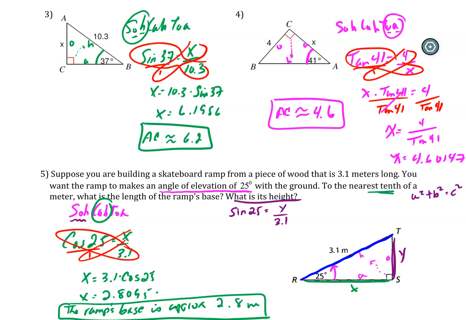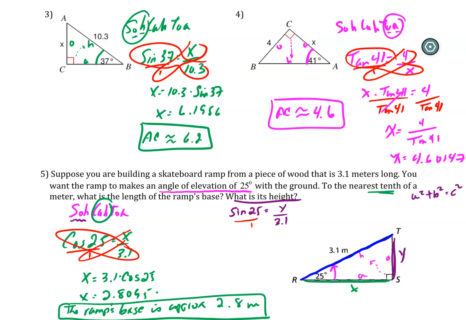But in case I made a mistake for this one, then obviously that would cause this one to have an error as well. I know 3.1 is a correct number because they gave it to me, and I know 25 is. So I like to go with the ones that I know concretely are given information. It usually makes it a little bit safer, but there's nothing wrong with using it.